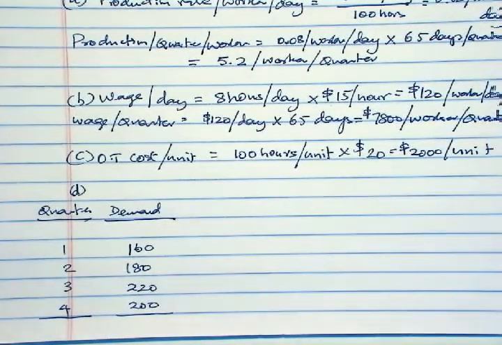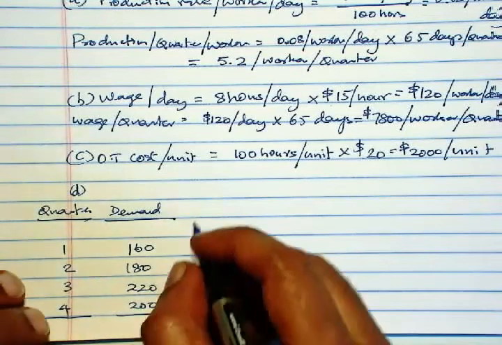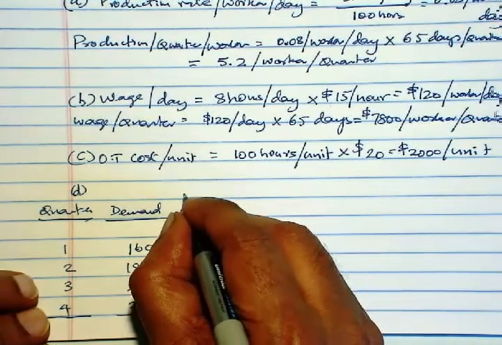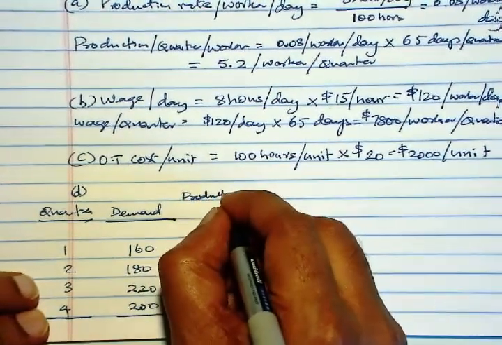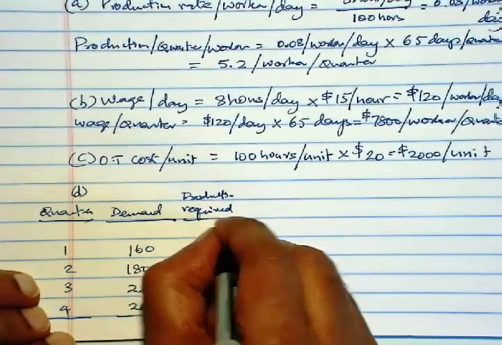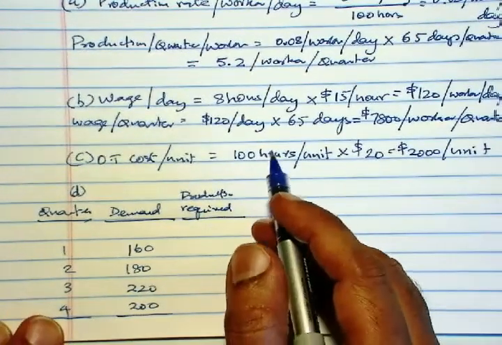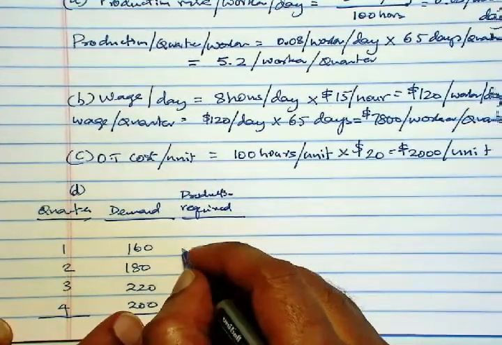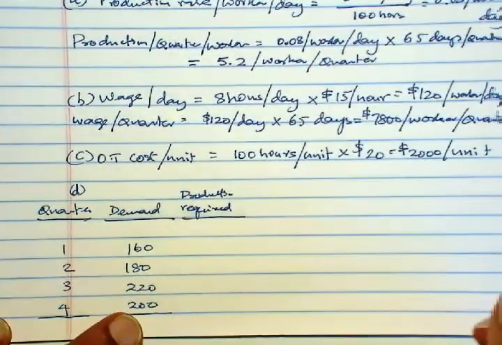Okay. Now production required. The initial inventory is 0 and there is no safety stock.